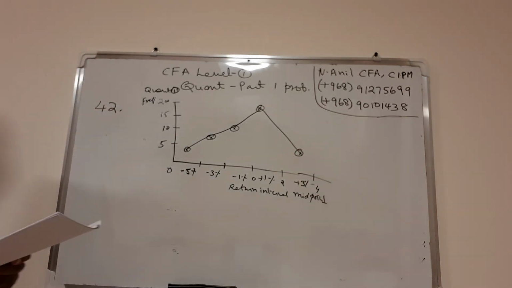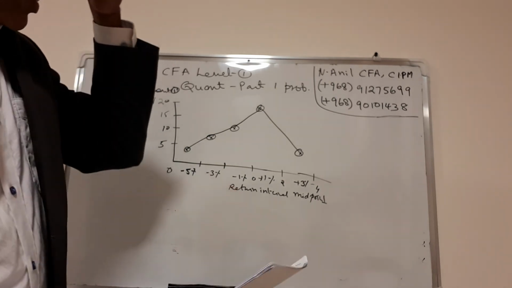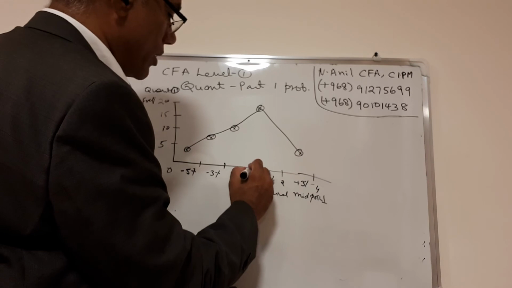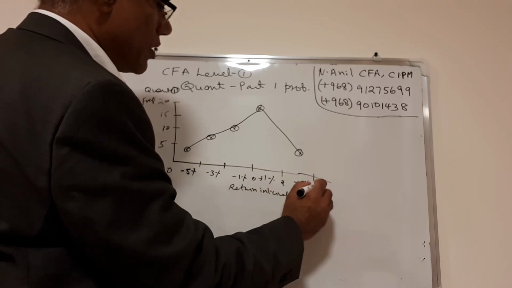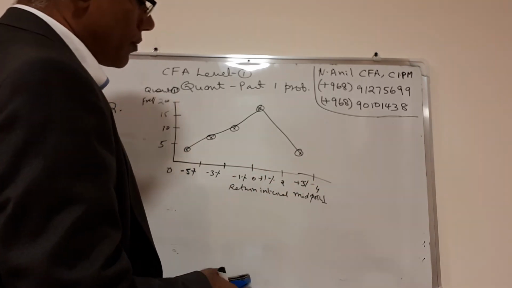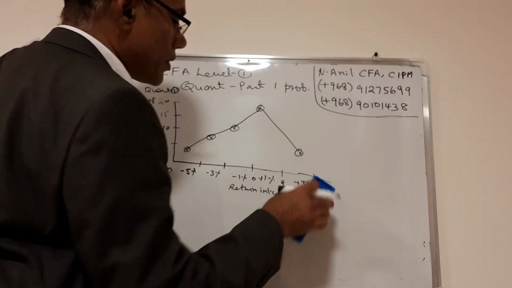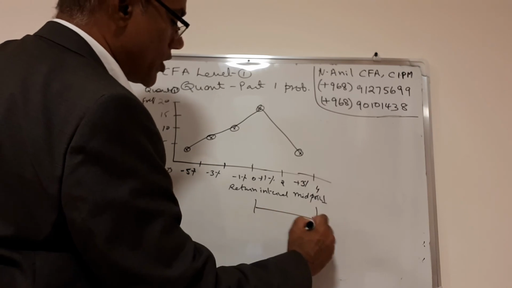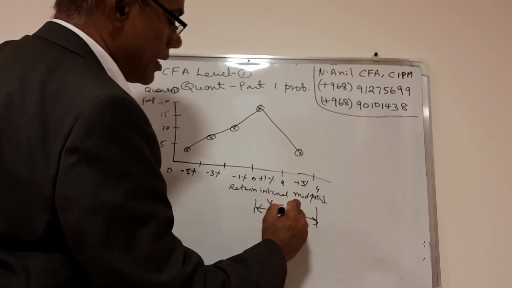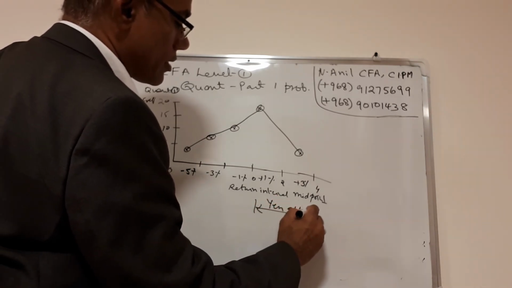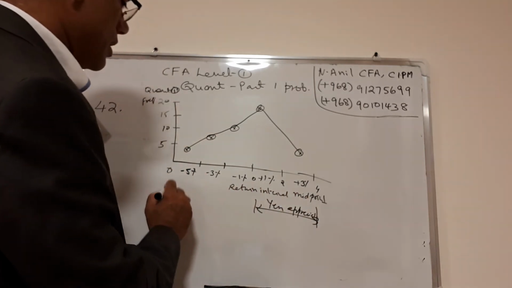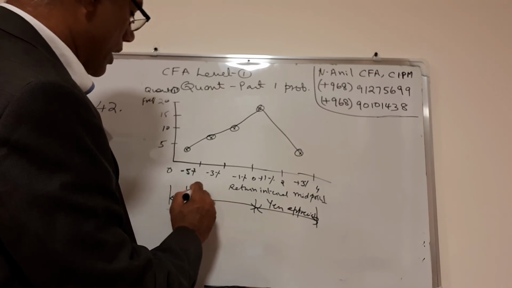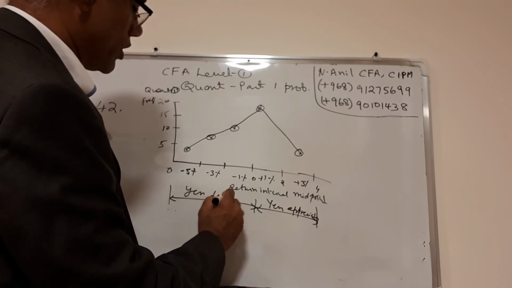Here the return is positive, which means that the yen has appreciated. The positive interval starts from here: 0%, 2%, 4%. Here the yen depreciates relative to the dollar.